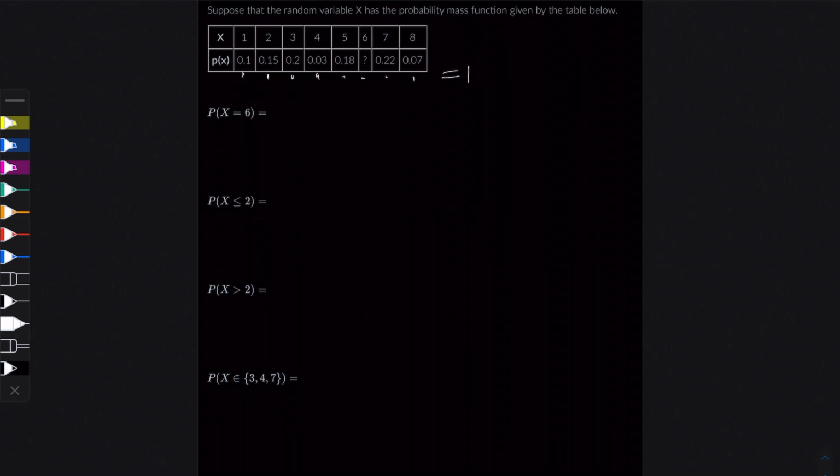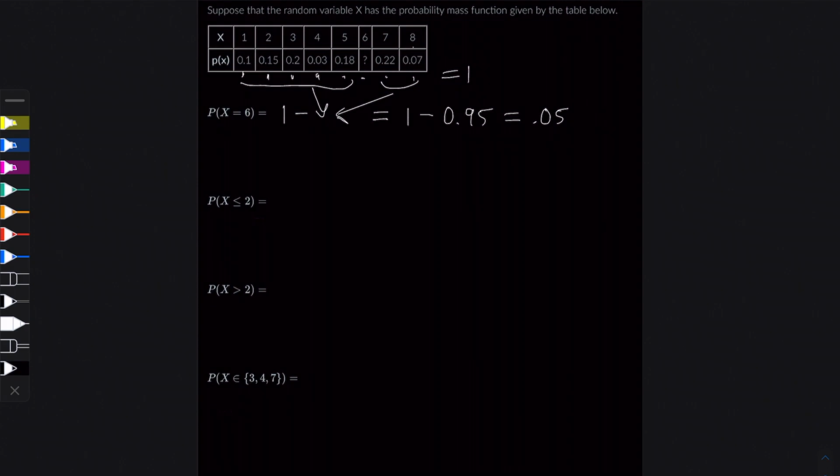So basically what we would do here is take the probabilities of 1, 2, 3, 4, 5, 7, and 8, add them all up, and say 1 minus those added together. I've already done this math, so that would be 1 minus 0.95, and this gives us probability of x equals 6 is 0.05.